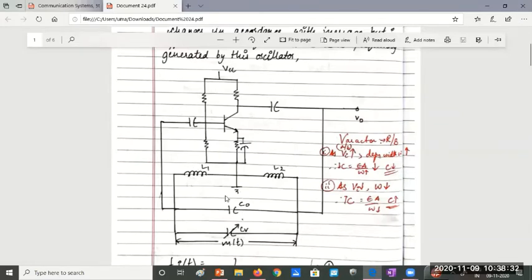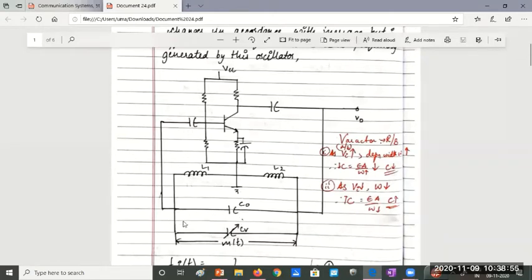So if I use only these three values, I'm going to get a fixed frequency of oscillation generated. And that frequency is your carrier frequency FC. You can call it F0 or FC. The fixed frequency due to just these three components, L1, L2 and C0.